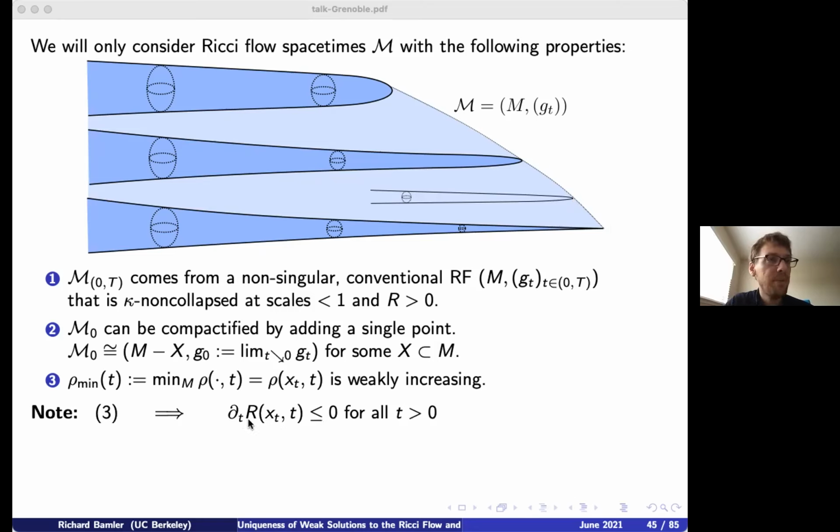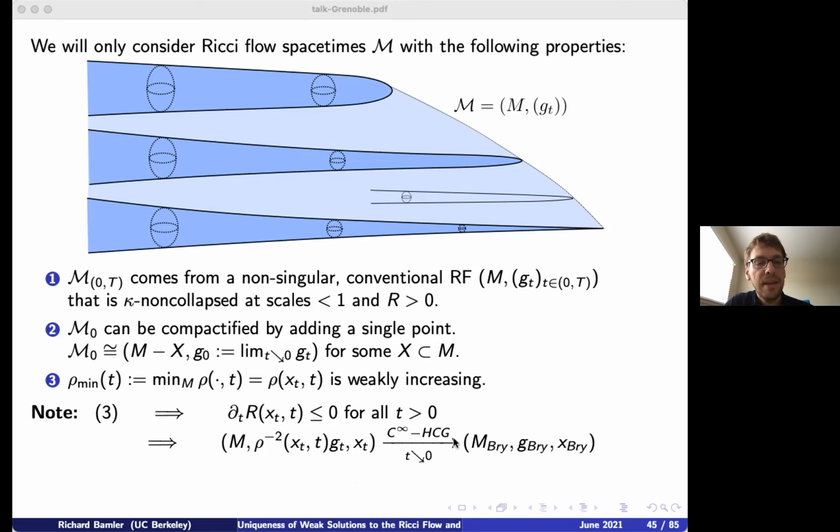So that means these points have to be modeled on kappa solutions where the time derivative of the scalar curvature is very close to 0. And this will imply that as we approach the singular time, the geometry near the tip will look like a Bryan soliton. Okay? So we can use this rigidity discussion of Hamilton combined with Brendle's classification theorem.